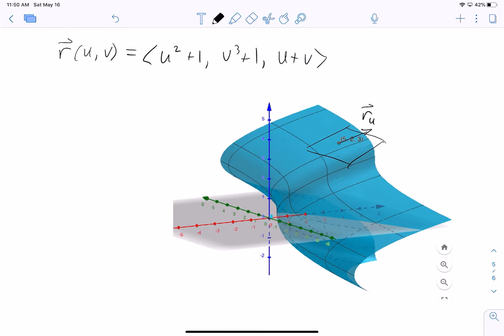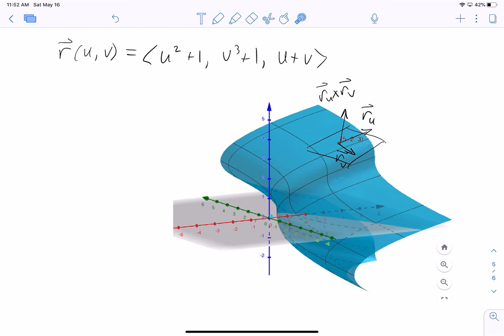And then the partial of r with respect to v is going to hold u constant, and so should point kind of in the direction-ish of the cubic curves. The tangent plane contains those two vectors. The normal vector to the tangent plane is going to be the cross product, r_u cross r_v, and of course will contain the point (5, 2, 3).